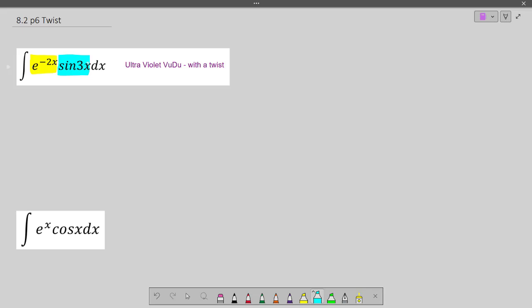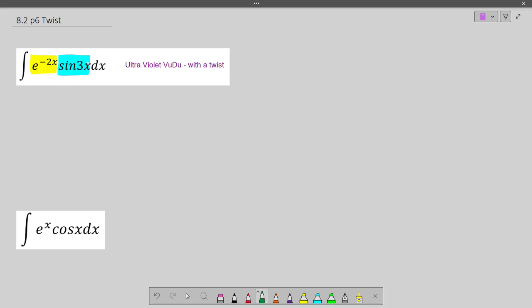The sine also has that circular nature. The derivative is cosine, so if you differentiate or integrate, you're getting to a cosine, and it will repeatedly bounce around between sine and cosine. So you have these two functions that are going to be sort of indefinitely spinning, and that is the nature of integration by parts with a twist.